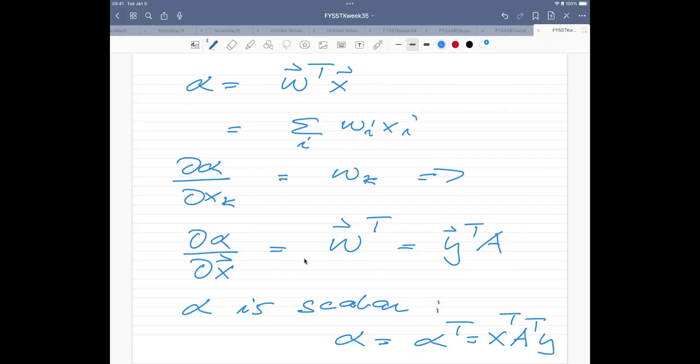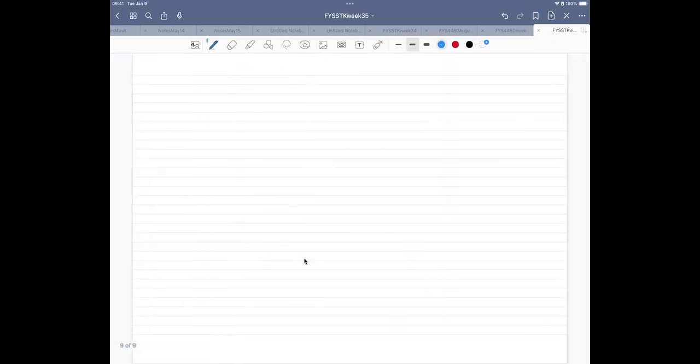And you see now that if I just repeat what I did here, I can define a new vector here. And then I take the derivative of alpha with respect to x or y. So that means that I can now take d alpha, which is a scalar, with dy. And that's simply going to be given by x transpose times A transpose, the vector.